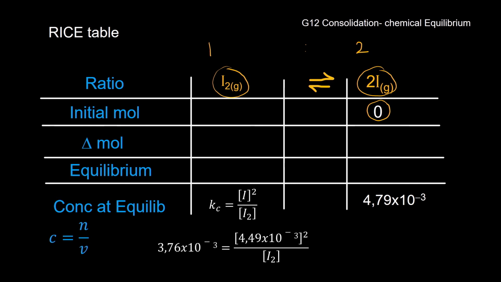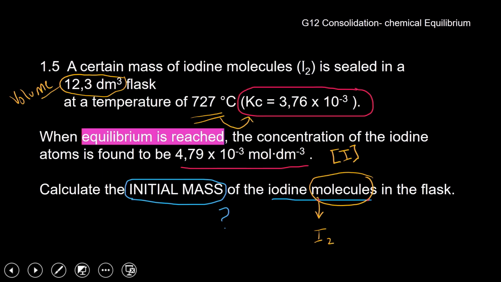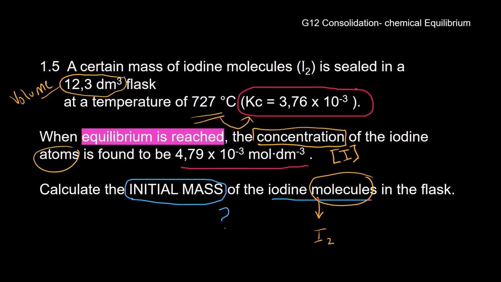We do know, however, if I go back to the slide, they don't tell us the number of moles, they tell us the concentration of the iodine atoms is 4.79 times 10 to the minus 3 moles per decimeter cubed.